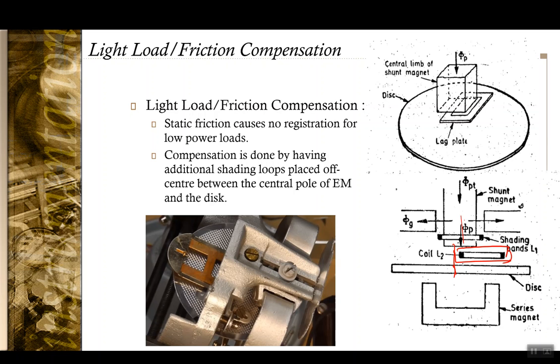So whenever the system is energized, there is an interaction and a torque is produced due to the EMF generated by this compensating coil, and this will give an asymmetric torque, and because of that a slight rotating torque is being generated.